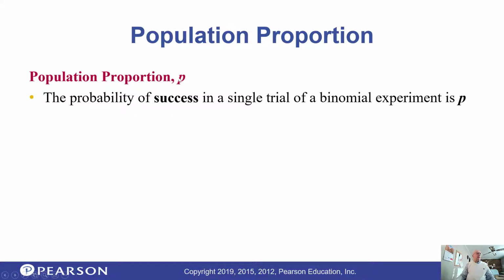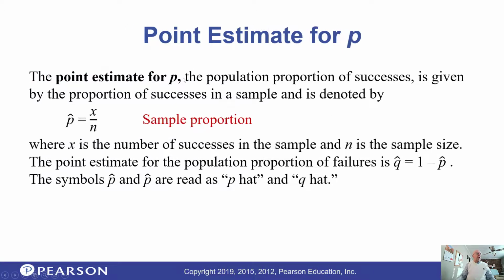And our p up here is for population proportion. So try not to get the two mixed up. When you actually do this, we want a sample proportion because we wouldn't be doing all this if we actually knew what p was.